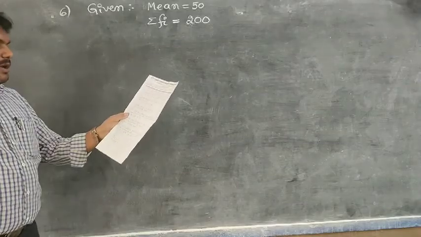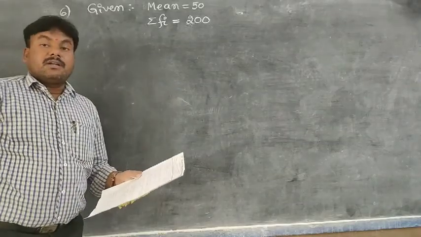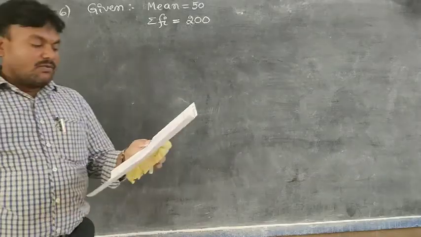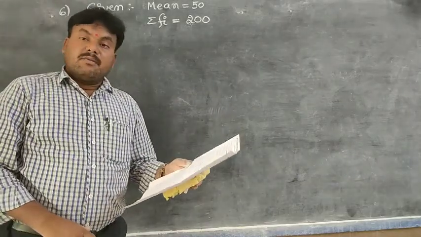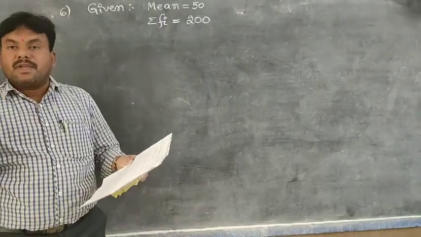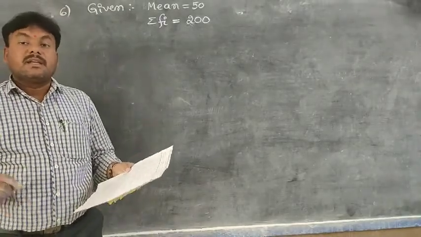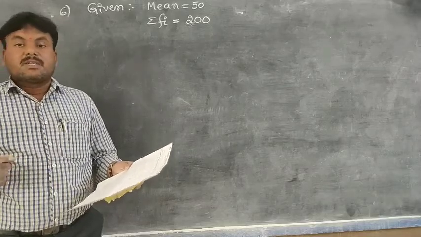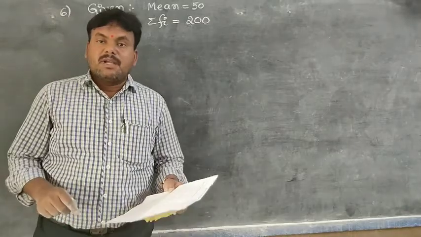Right. Here two columns are given. We find the mean by the direct method. So follow the formula. What is the formula? Mean x bar equals summation Fi xi by summation Fi. Here xi means class marks.